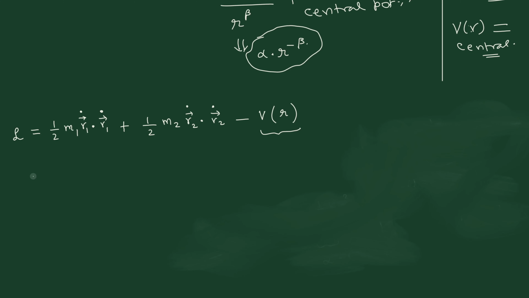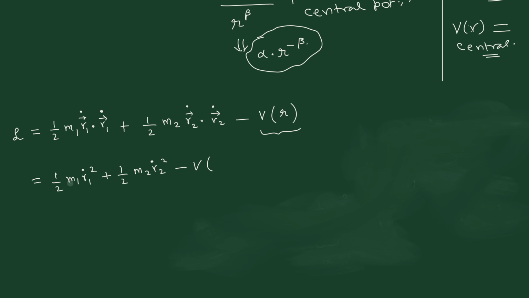Okay, so let me write down this expression in the spherical polar coordinate system. We can write down half into m1 r1 dot square. Now you know that these two vector quantities are taking a scalar dot product here, plus half into m2 into r2 dot square, and minus the potential energy of interaction.